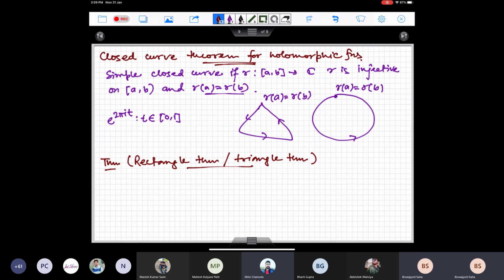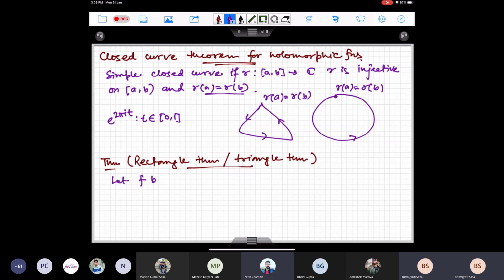So what is the statement? You need to be slightly careful with this statement. You might feel that these statements are contradictory, so let me write it down and then we will explain.